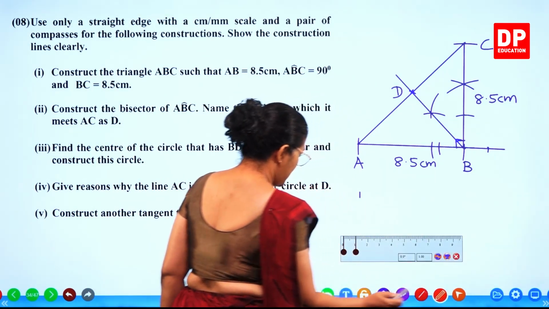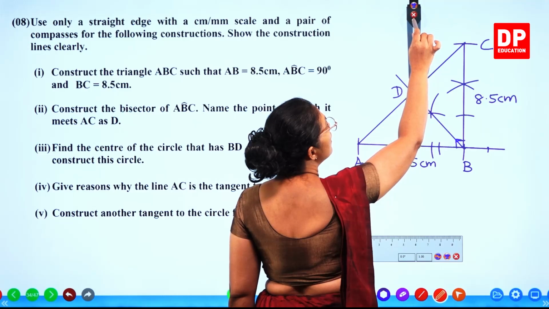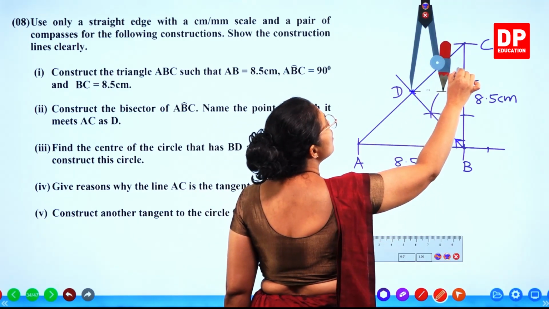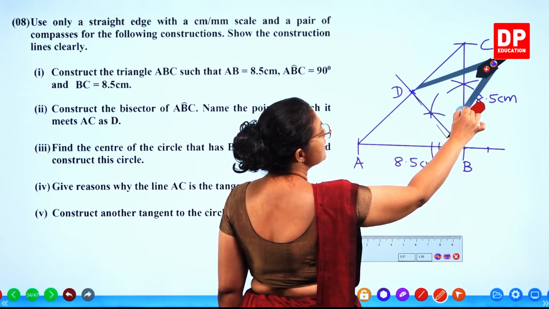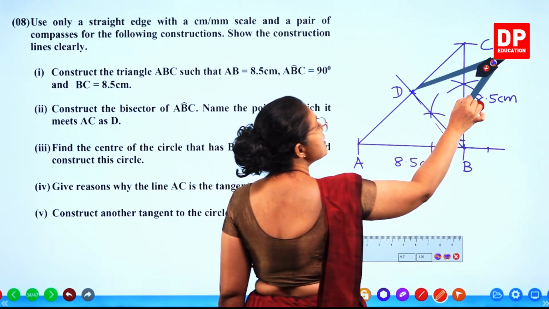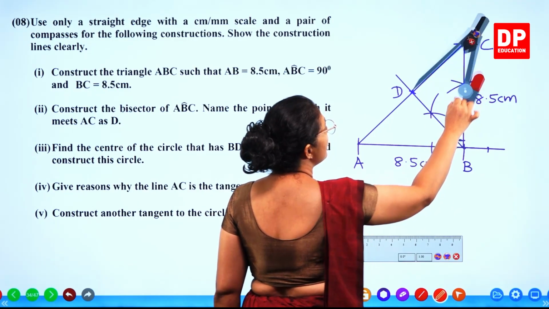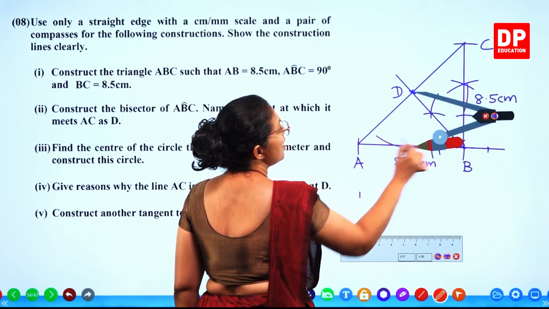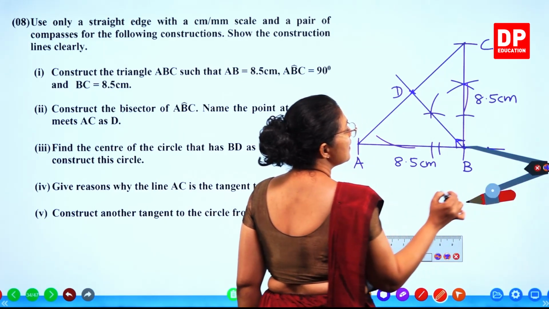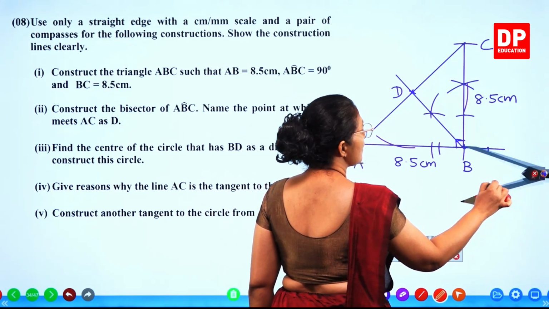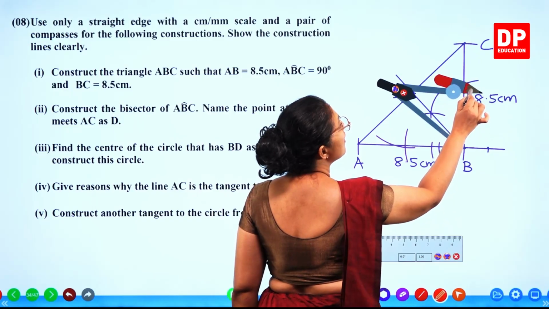So you can take the compass and keep the compass on top of D, and you have to take more than half of the length of this line, and you can draw arcs on top of the line and on the other side, and you do the same thing for point B. Take the same length and you can construct the arc here and arc here.